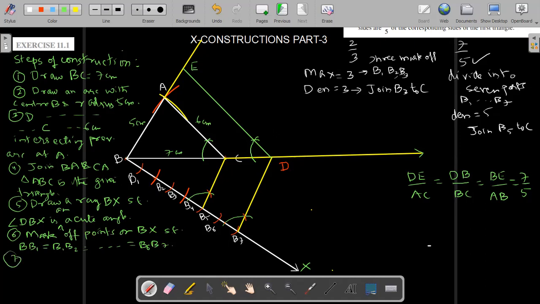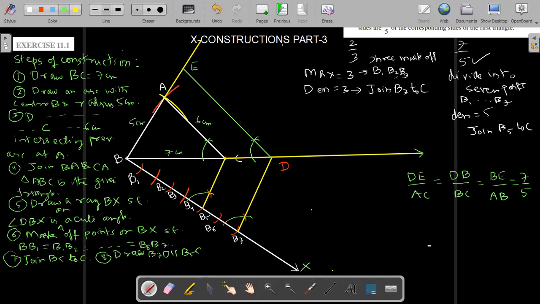Seventh step: what is the denominator? It is 5. First we will join B5 to C, not draw, sorry, join only. Then eighth point, now draw B7 D parallel to B5 C, this line parallel to this line.